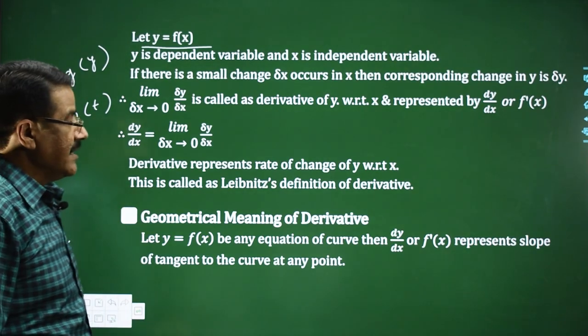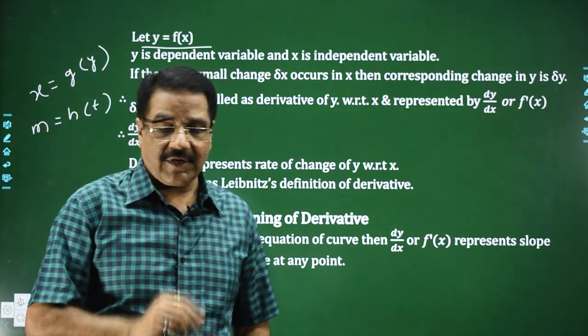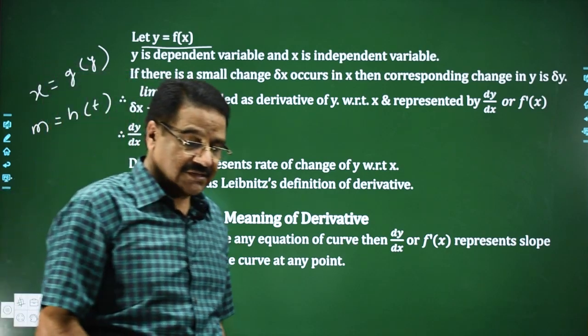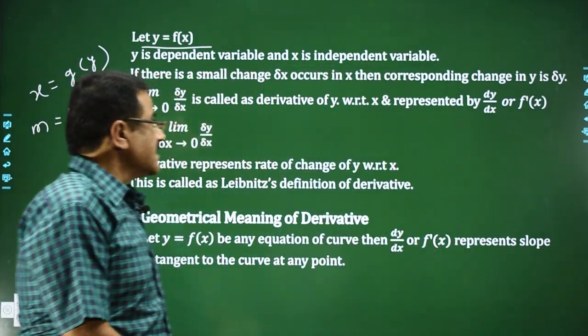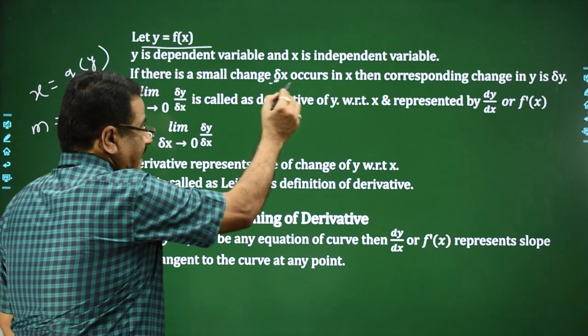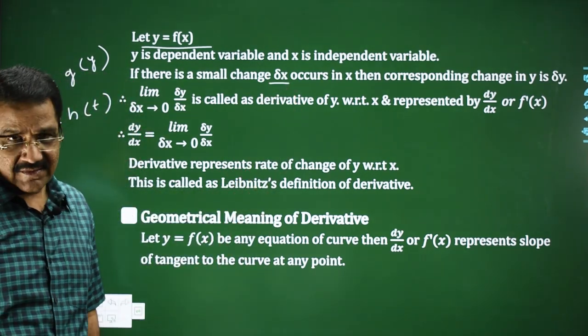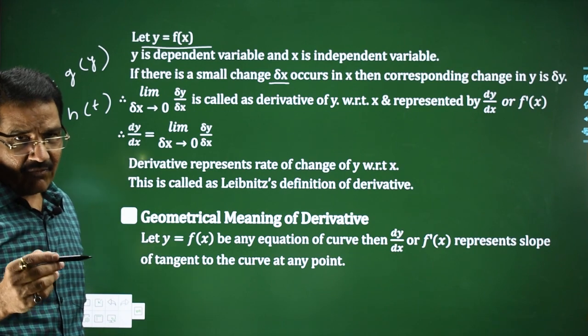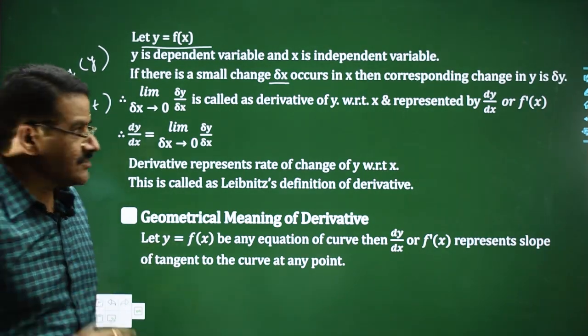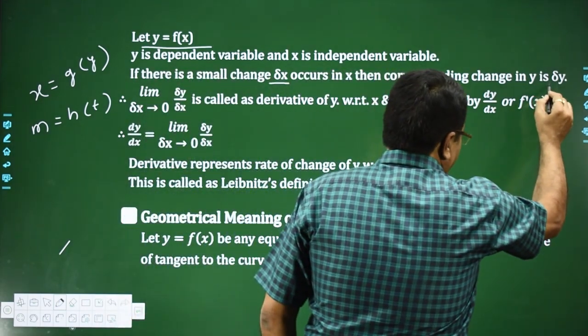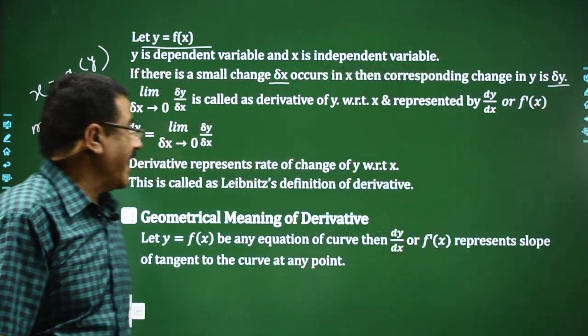Now we will see the definition of derivative. Actually derivative means rate measurer. Let us assume that a small change delta x occurs in x. Naturally, since y is dependent on x, there will be a change in y as well, and again that change will be very small, that is delta y.